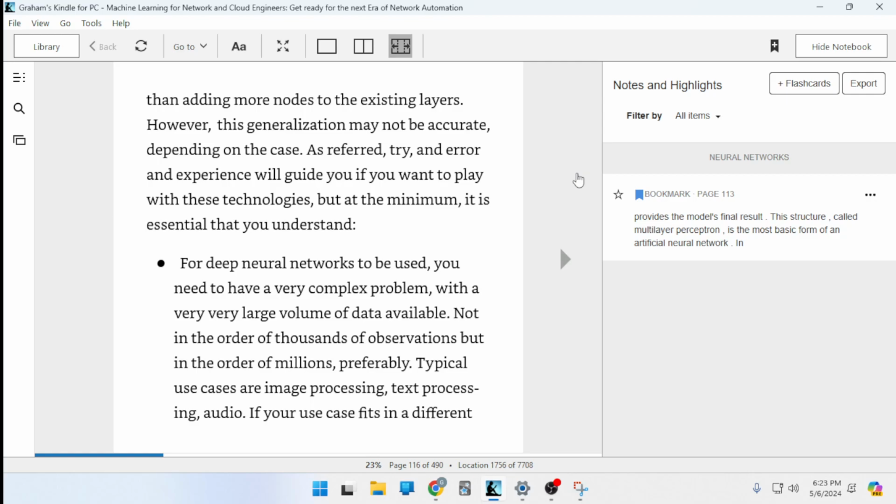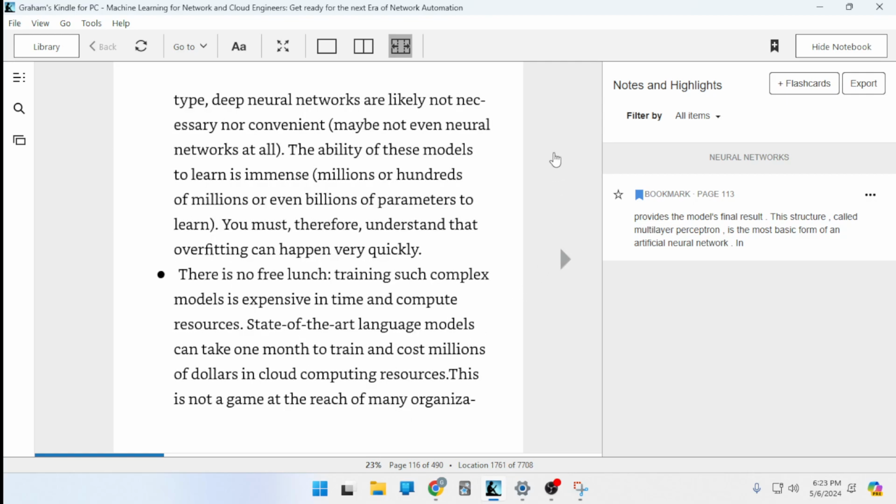Typical use cases are image processing, text processing, audio. If your use case fits in a different type, deep neural networks are likely not necessary nor convenient, maybe not even neural networks at all.